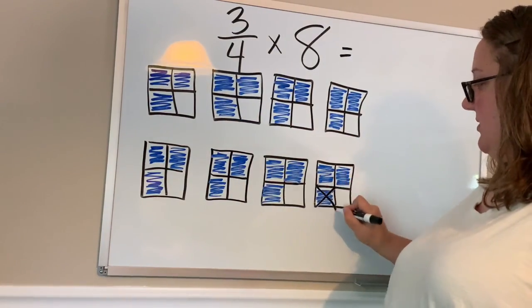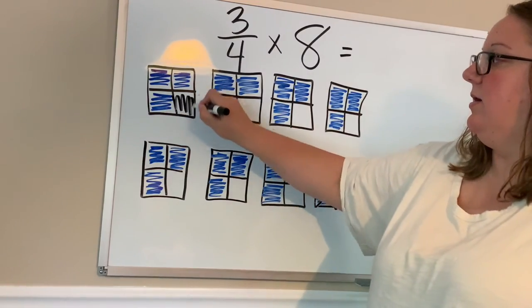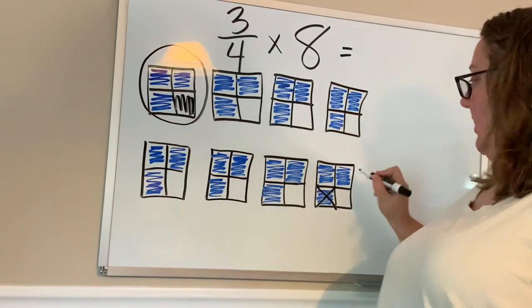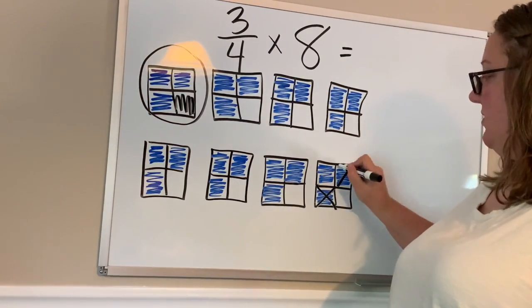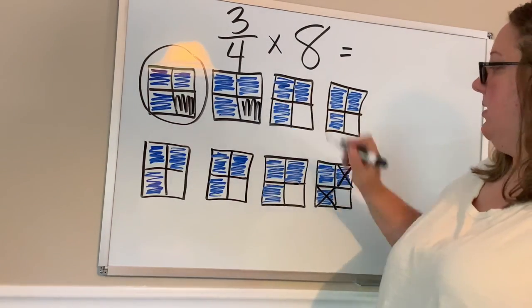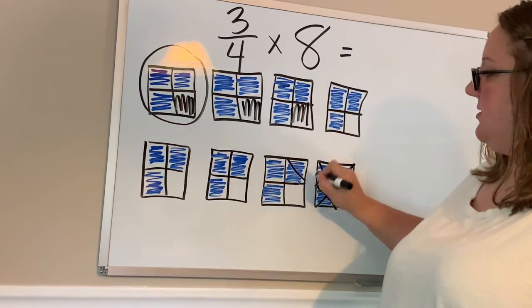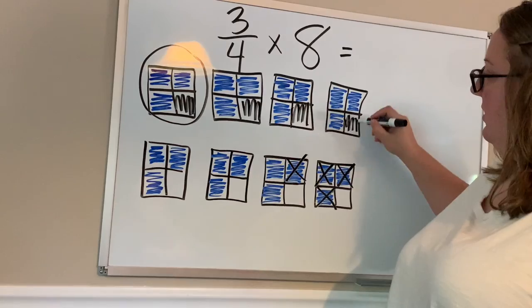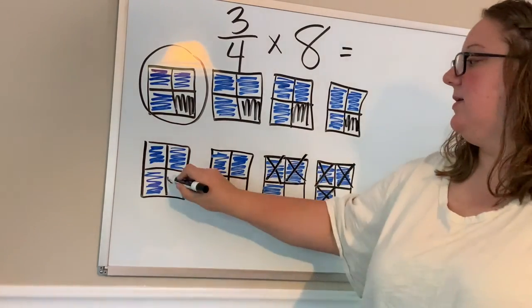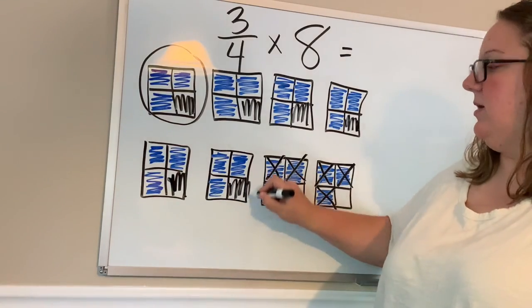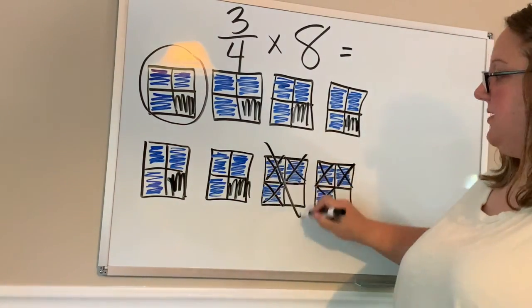I'm going to take this piece here and move it up here. So now this is 1 whole mile. And then I'm just going to keep going. So this piece is going to go here. This piece is going to go here. This piece goes here. This piece goes here. And this piece goes here. So now these are gone.